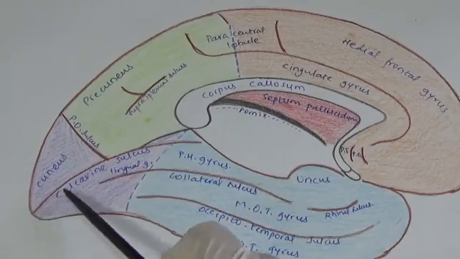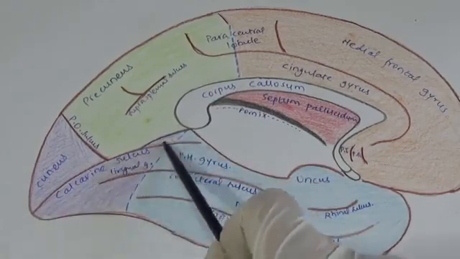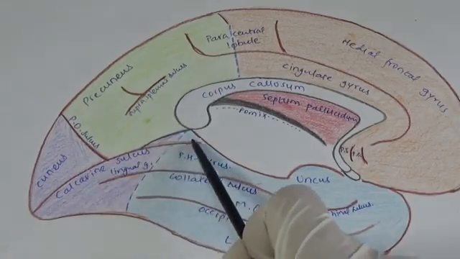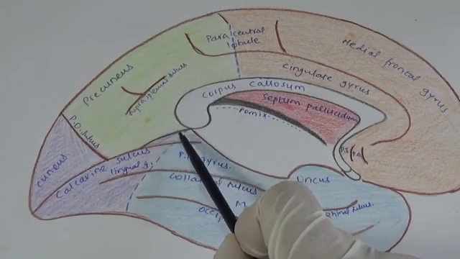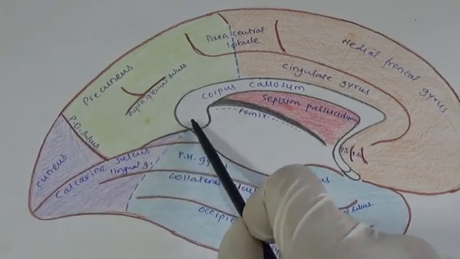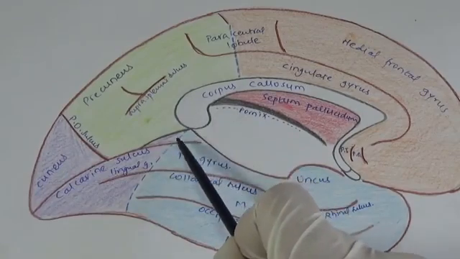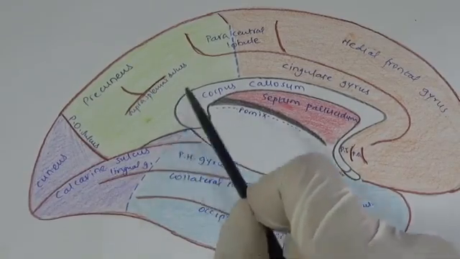And similarly this is calcarine sulcus just below the splenium, and anterior part of the calcarine sulcus will also produce an indentation within the medial wall of the posterior horn, that is termed as calcar avis. So 2 indentations will be found into the medial wall of the posterior horn.